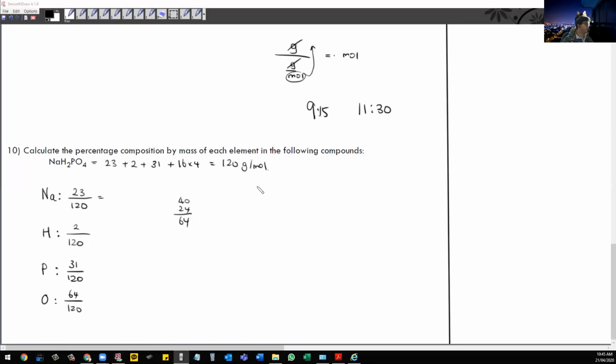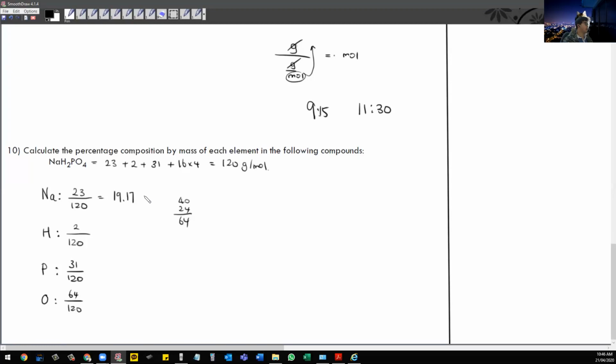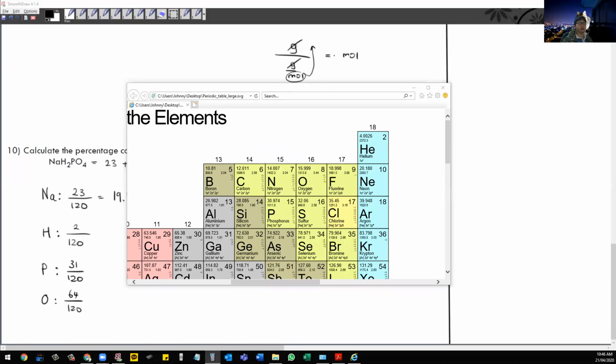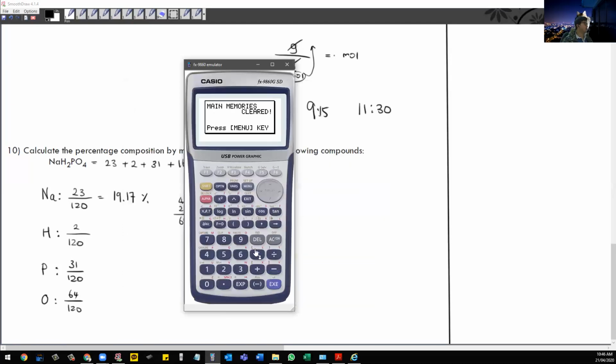So 23 divided by 120 is about 19.17%. 2 divided by 120 is 1.67%.